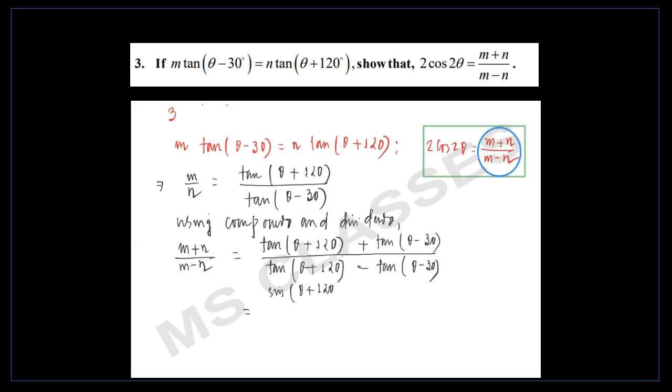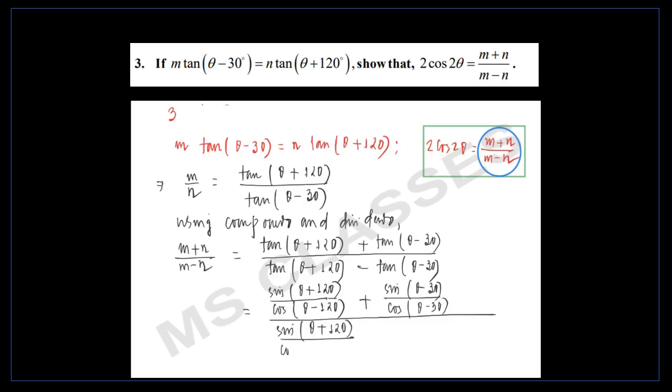So sin(theta plus 120) by cos(theta plus 120) plus sin(theta minus 30) by cos(theta minus 30) whole divided by sin(theta plus 120) by cos(theta plus 120) minus sin(theta minus 30) by cos(theta minus 30).